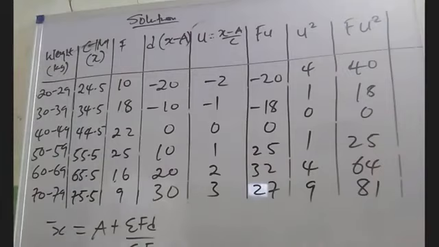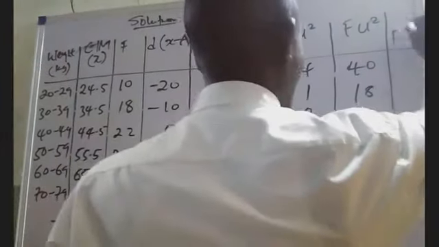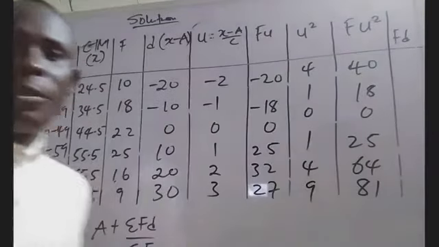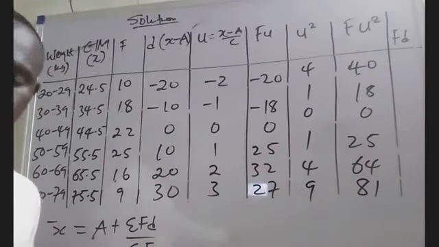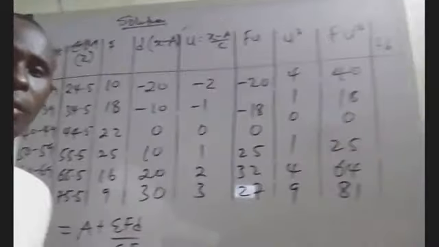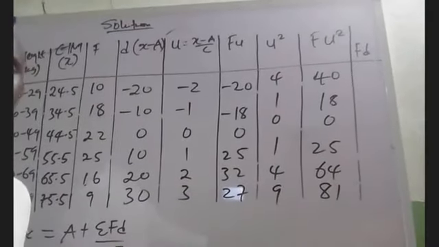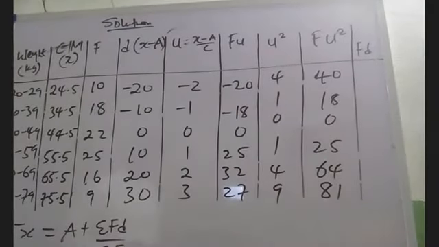So that will take us to fd. We now add fd to our table to be able to solve for the mean.